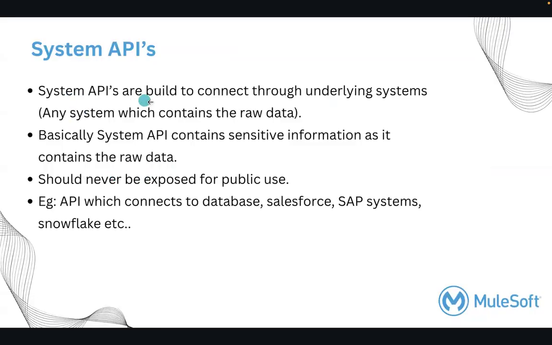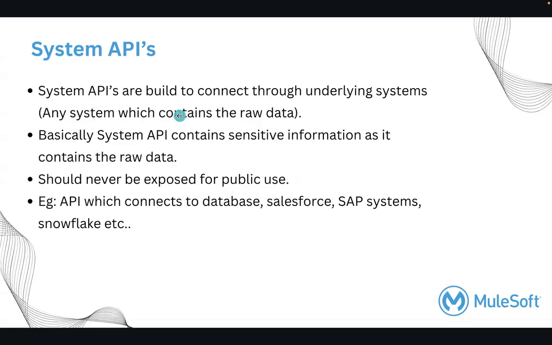System APIs are built to connect to underlying systems. Any system which contains the raw data, like the databases we connected to in our slides, gives complete data, whatever is there in that particular database. So basically a system API contains sensitive information as it contains the raw data, and should never be exposed for public use.